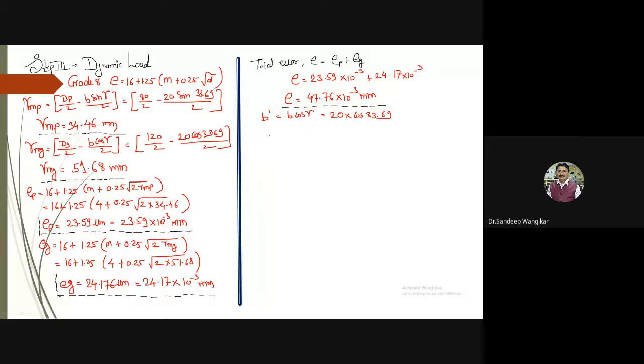So you will get the value for B dash is equal to 16.64 millimeters.